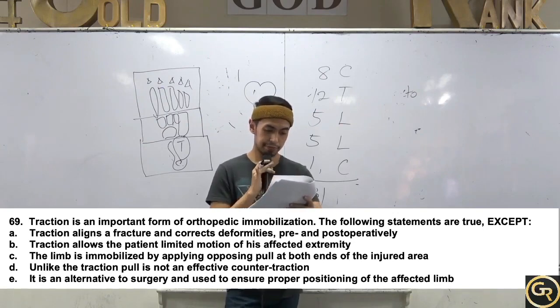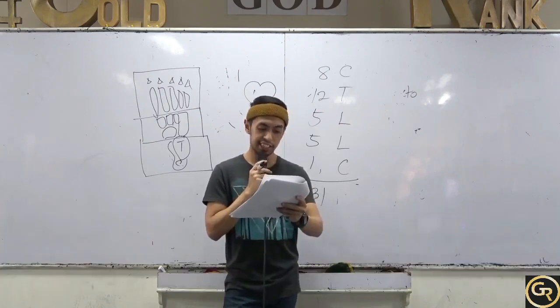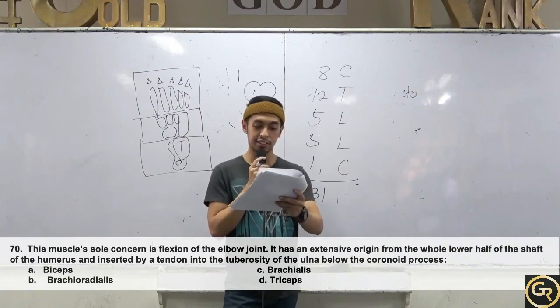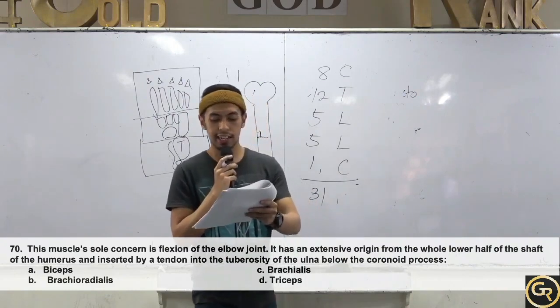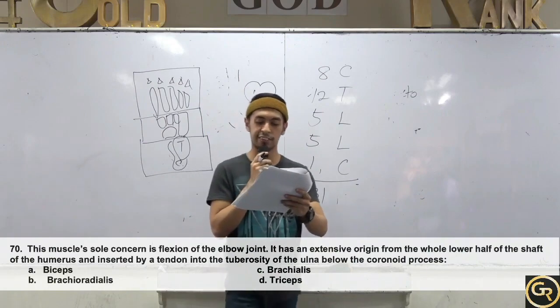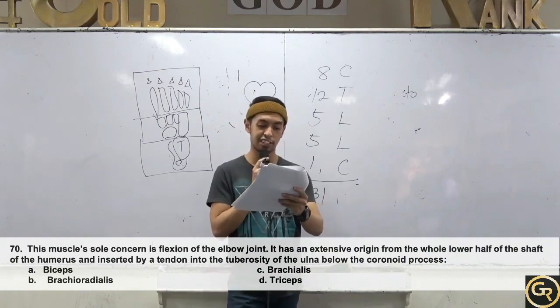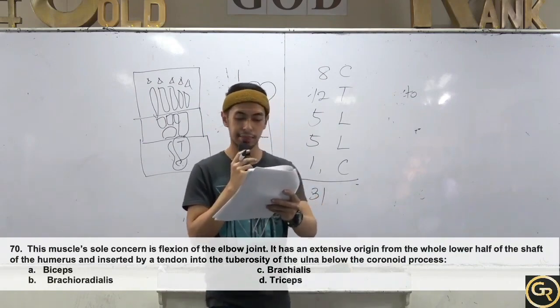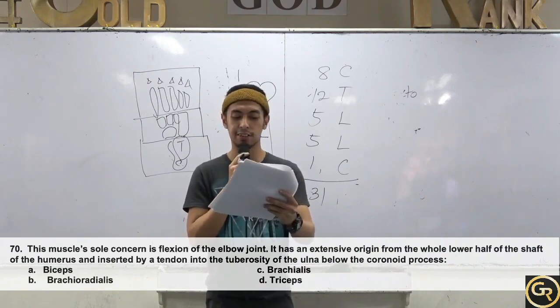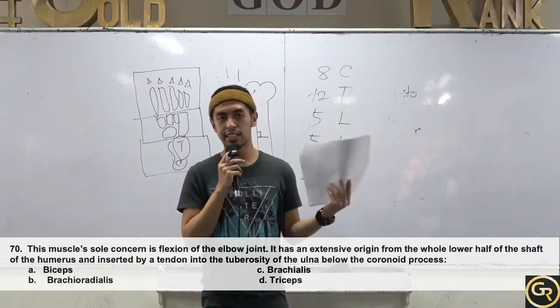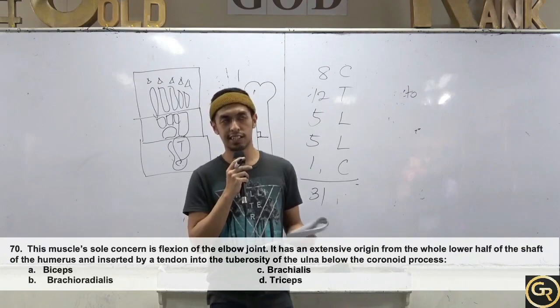Okay? Next. Number 70, this muscle's sole concern is flexion of the elbow joint. It has an extensive origin from the whole lower half of the shaft of the humerus and is inserted by a tendon into the tuberosity of the ulna below the coronoid process. Sino pong muscle yun?